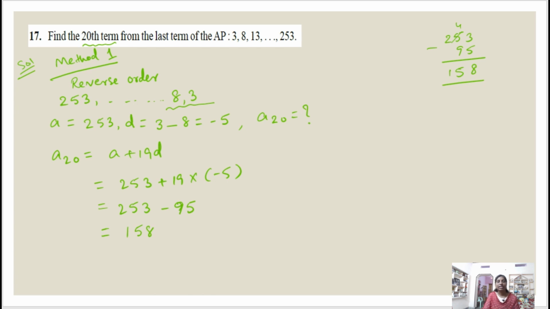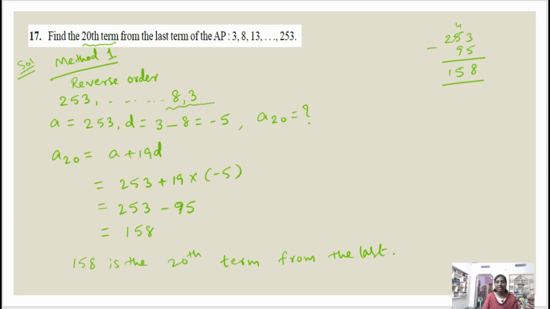So this is the 20th term from the last. 158 is the 20th term from the last. So method 1 is completed. It is the easier method.